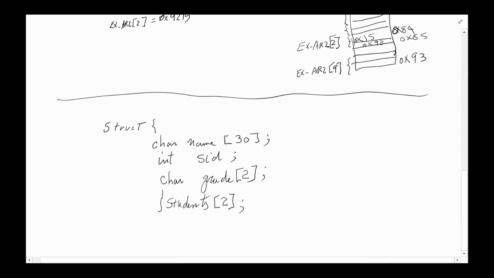So basically we are creating a struct that has 30 characters plus an integer, which is 2 bytes, plus 2 characters for grades, which is 2 bytes. So each one of those structs is actually 34 bytes large.